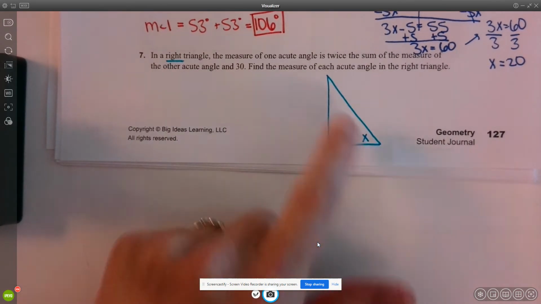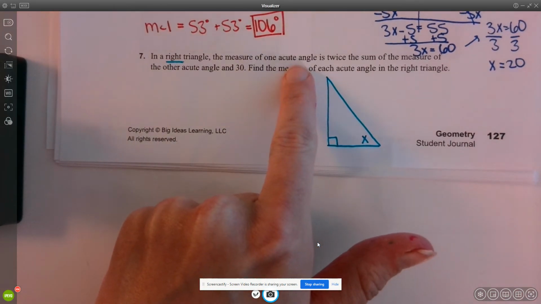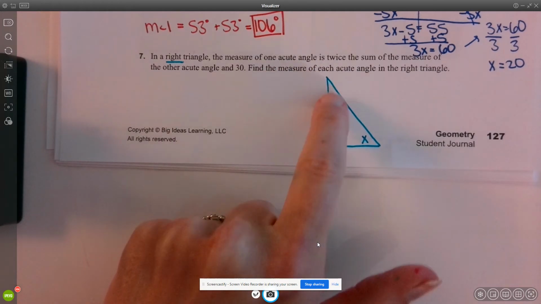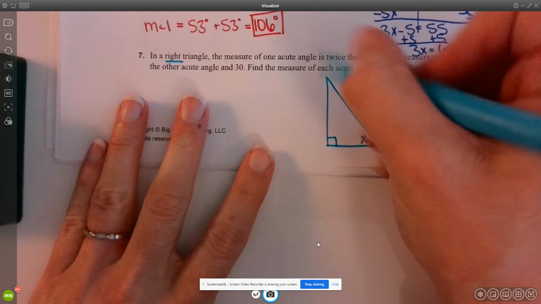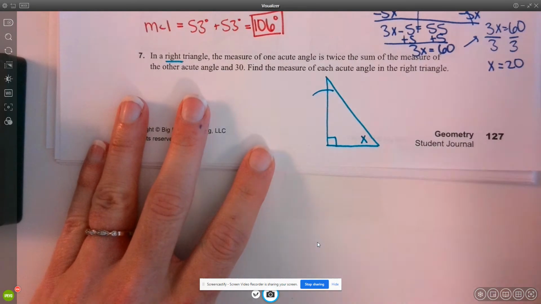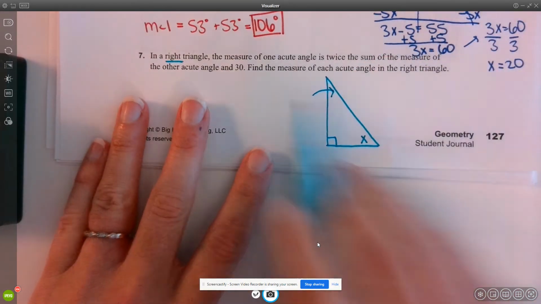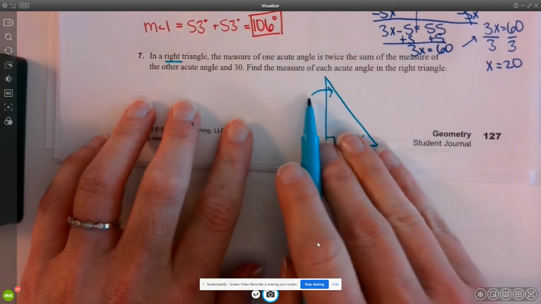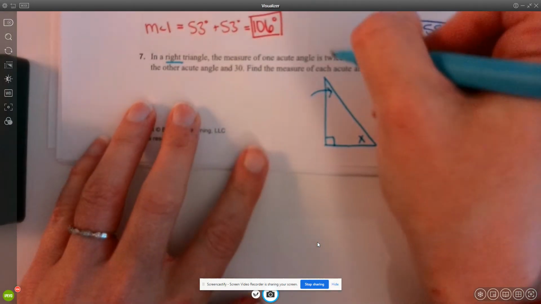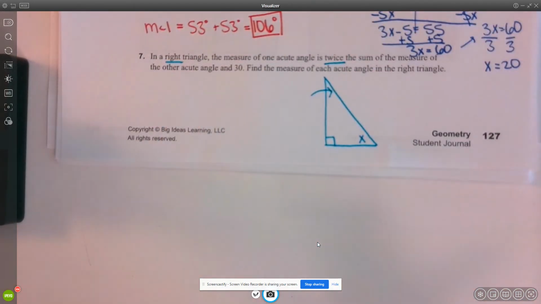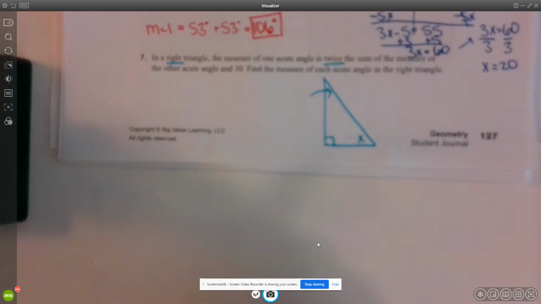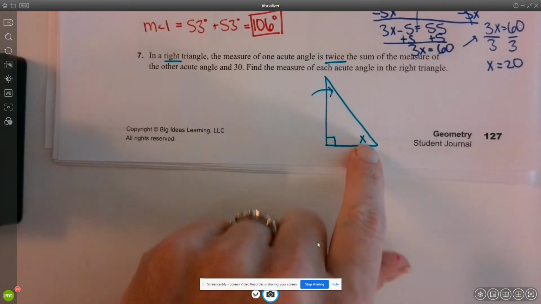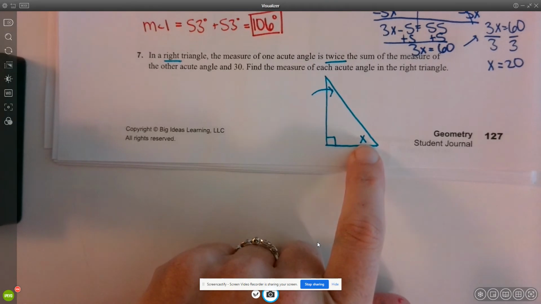Now I'm going to use the information in the sentence up above to write an expression for this angle here. The measure of this acute angle is twice the sum of the measure of the other acute angle and 30.